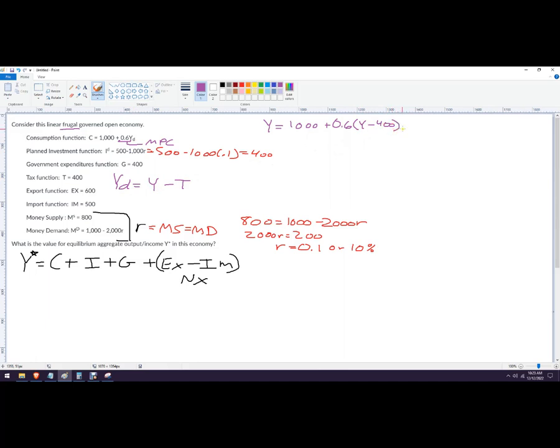Okay, so again, it's C plus I. So this is C plus I, and we already solved for I with that interest rate, so it'd be 400. And then we're told government spending is 400, plus exports, which is 600, minus imports, which is 400.